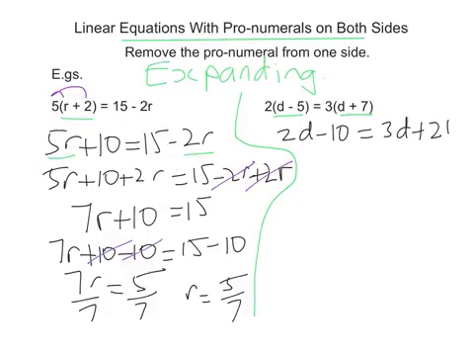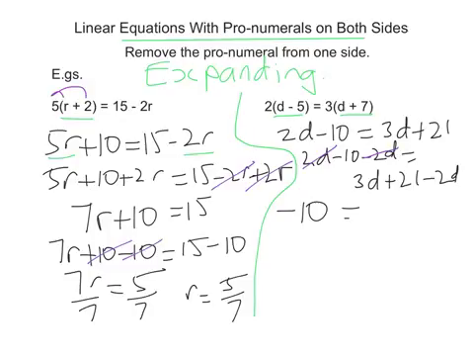So let's subtract 2d from both sides. 2d minus 10 minus 2d equals 3d plus 21 minus 2d. So the 2d here and the minus 2d here becomes 0. So what's left is minus 10 equals 3d subtract 2d is just d plus 21.